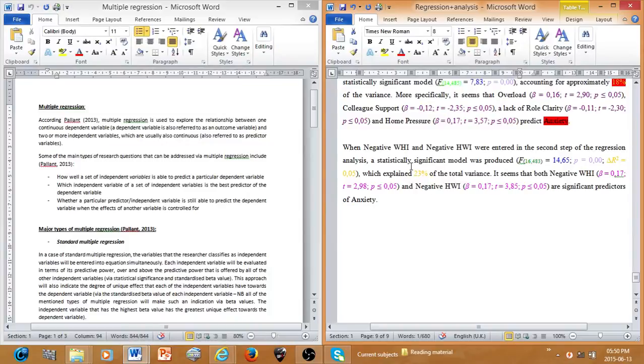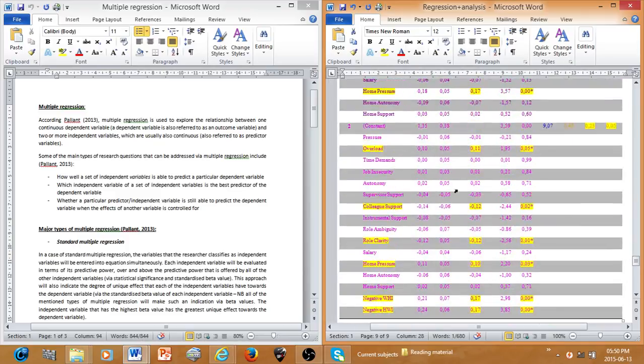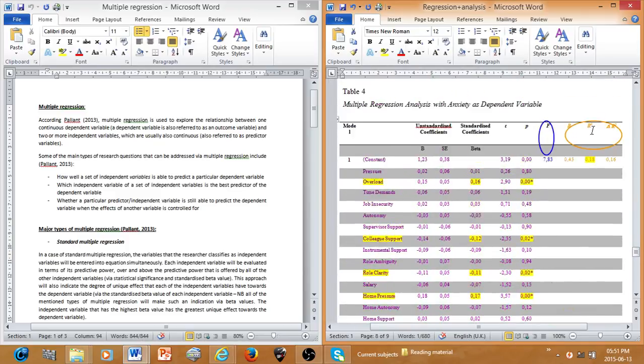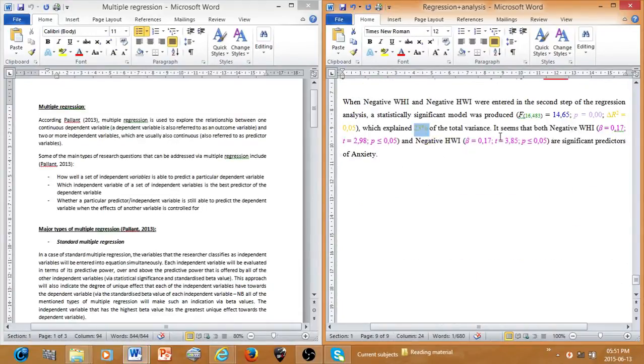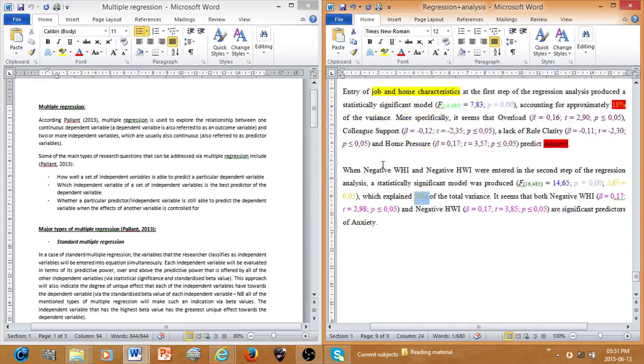So now a statistically significant model was produced, which explained 23% of the total variance. Remember, where do we get that? We look at the R-square value. Okay, there it is. It seems that both negative work-home interaction and negative home-work interaction are significant predictors of anxiety.